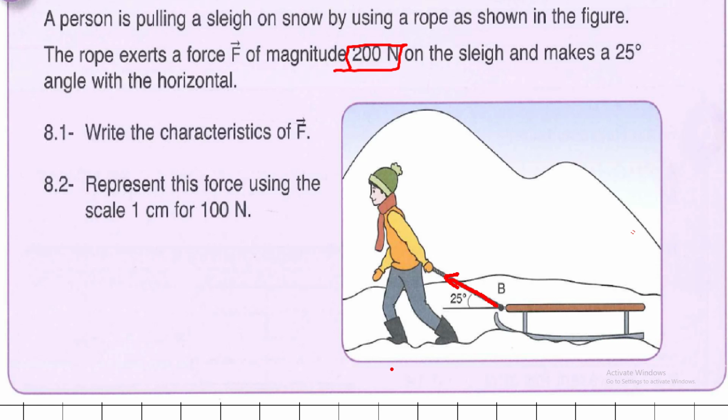Okay? So what are the properties of this force? The point of application is B. The line of action is oblique, which reflects the title of this exercise. The direction is upward to the left. And the magnitude is being stated here, which is given by 200 newtons.